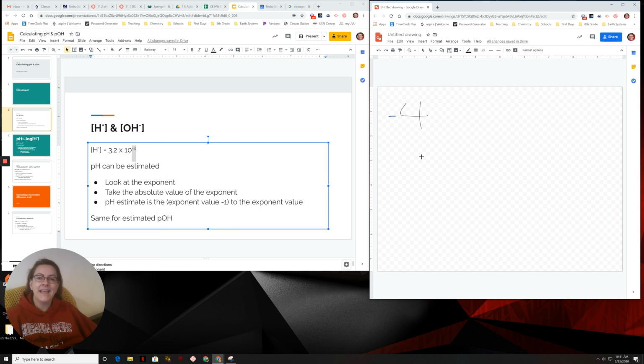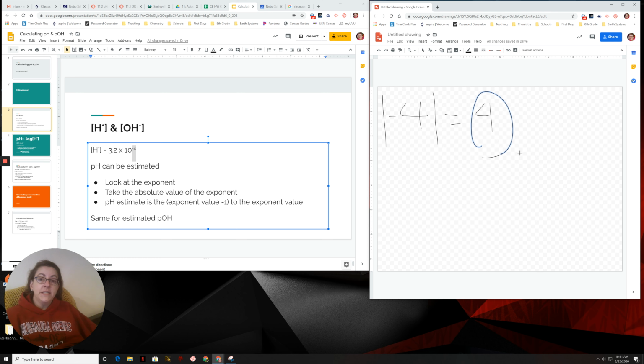So I take that -4 and I take the absolute value of that number. I don't know if any of you have gone over absolute values in math, but the absolute value of -4 is 4. Basically all we are doing is taking this negative exponent and making it a positive number. That's all we're doing.